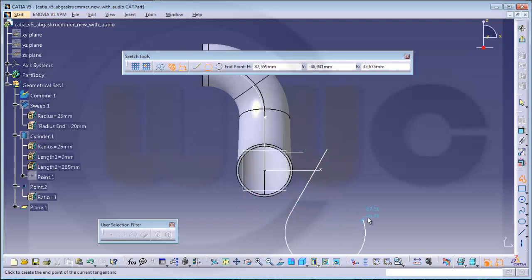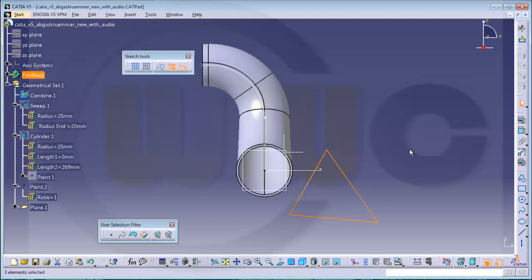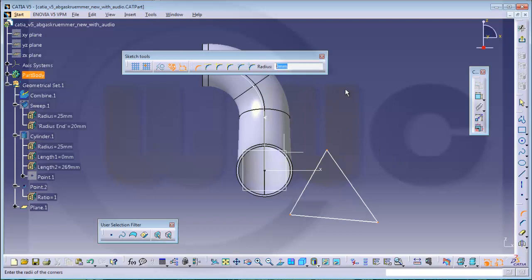Maybe something like this. Let's make some fillets. Okay, this should be 10.